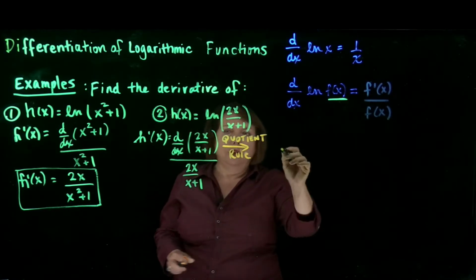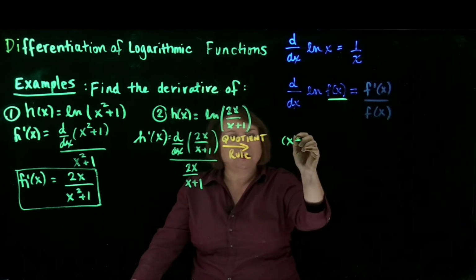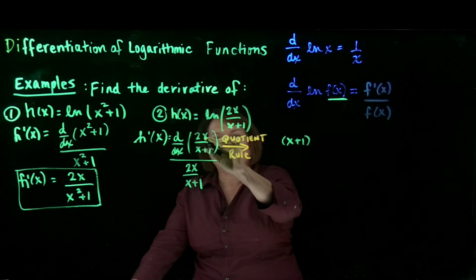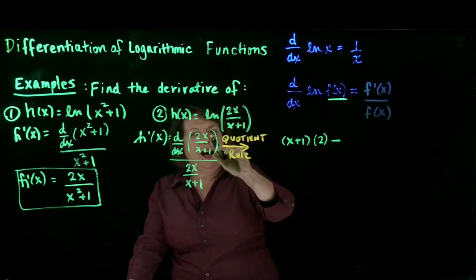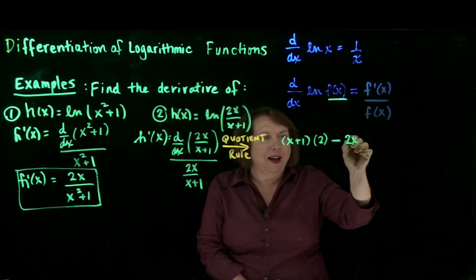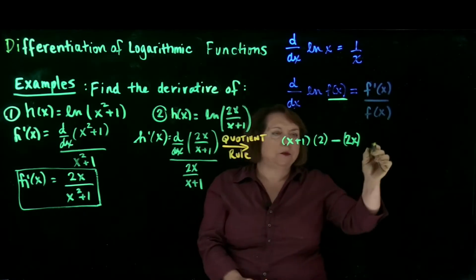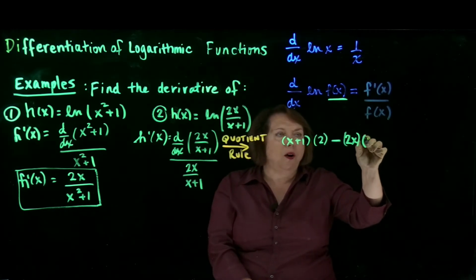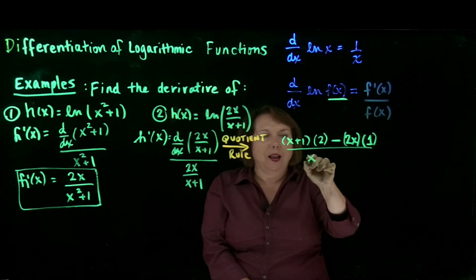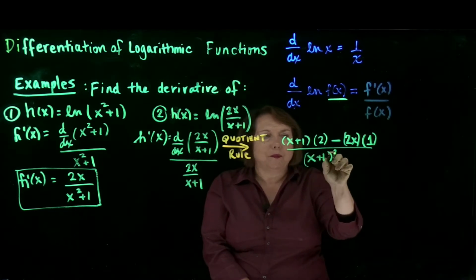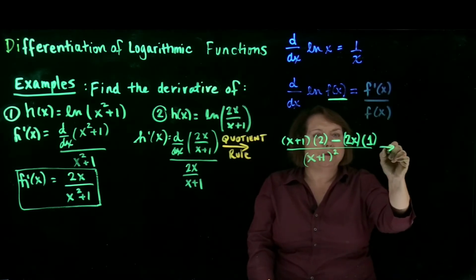Okay. So low d high, so it'll be x plus 1 times the derivative with respect to x of 2x, which is 2, minus high 2x times the derivative of the low, x plus 1, the derivative of that is just 1, divided by the low squared, x plus 1 squared. And let's simplify a little bit more.